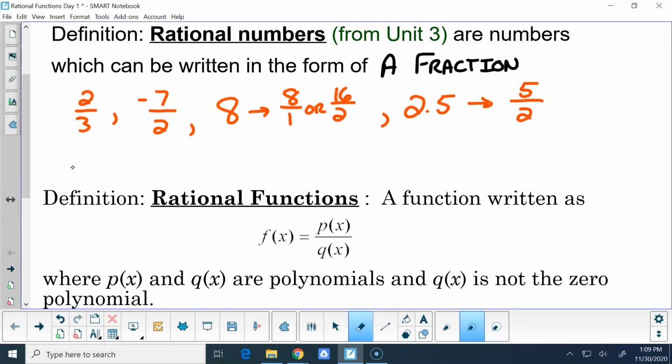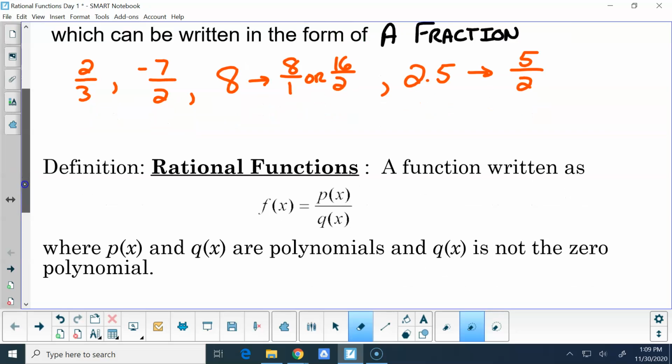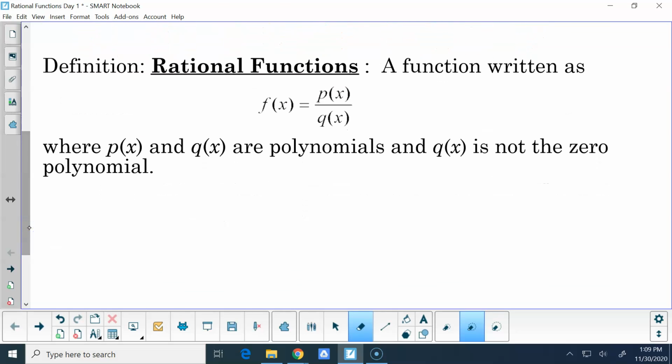And, this is the kicker, q of x is not the 0 polynomial. Okay? So q of x can't be equal to 0 because we can't divide by 0.